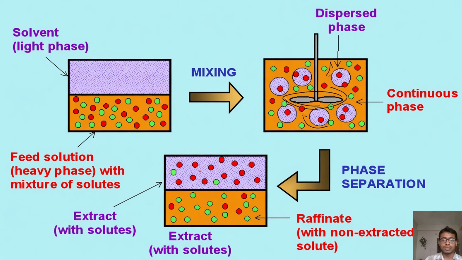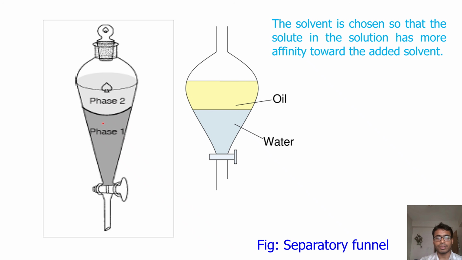Usually this is our extract which we need importantly, and this is the raffinate which we usually don't need, but it may be used for further analysis. Phase 1, phase 2, the oil phase and the water phase, get separated based on their density. If you add any compound, it would get distributed between them.